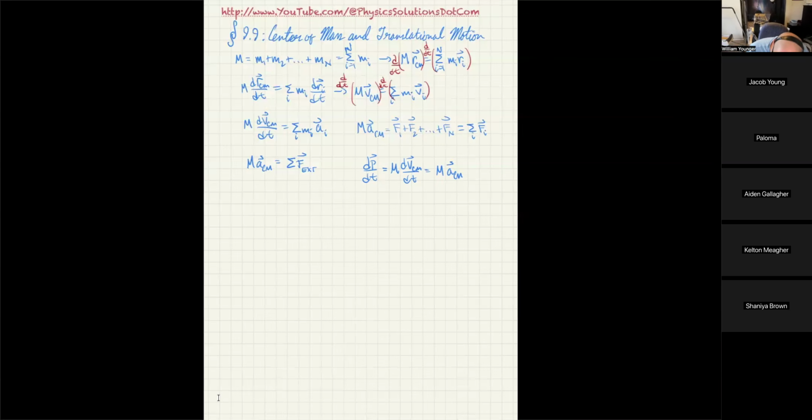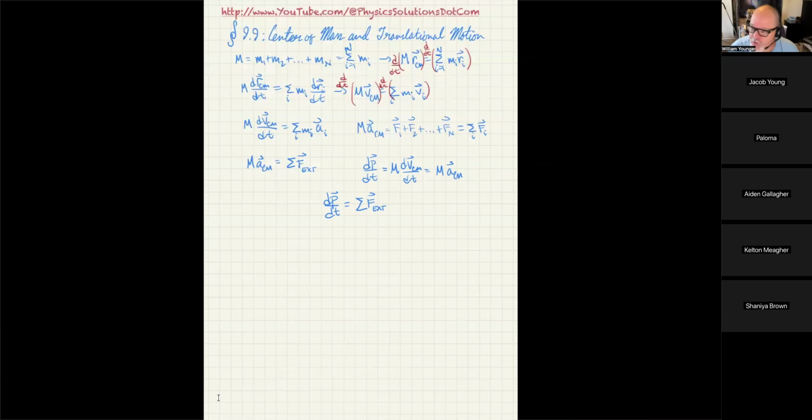Or we could go ahead and say dP/dt, again capital, is equal to the summation of the external forces acting on the mass. In other words, we leave off all the m1 acting on m2 and m1 acting on m3 and m1 acting on m4 and so on, as well as m2 acting on m1 and m3 acting on m1 and m4 acting on m1.